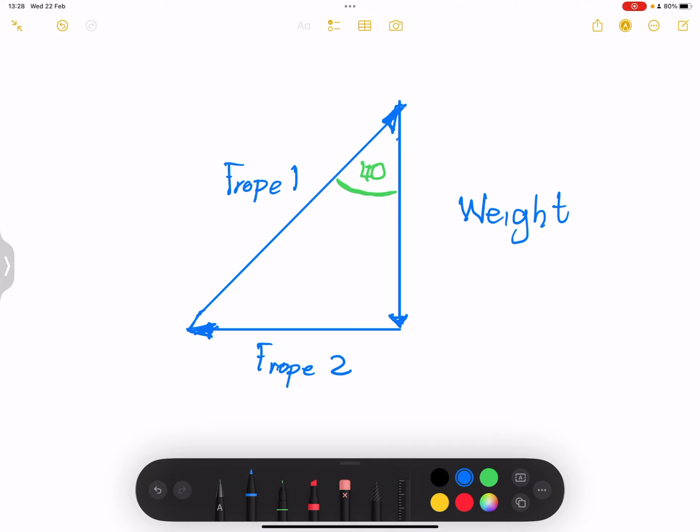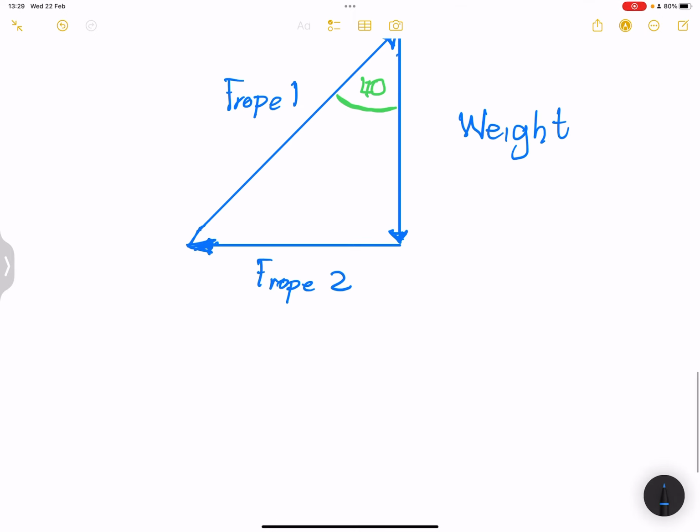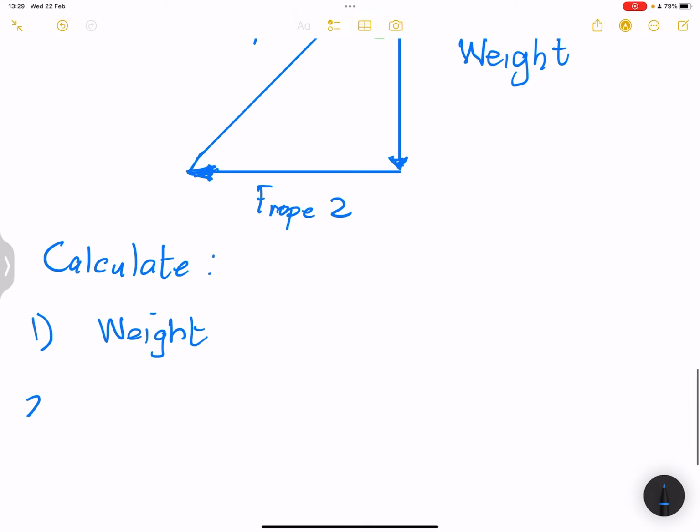Now, if I asked you to calculate the following: first of all, we're going to calculate the weight, secondly the force on rope 1, and thirdly the force on rope 2.